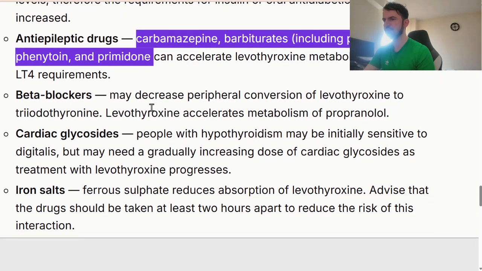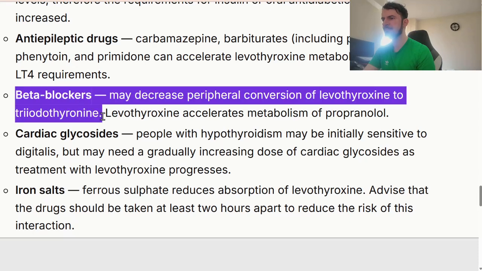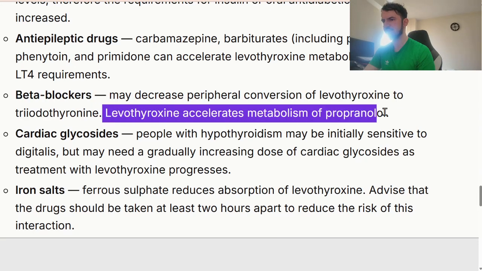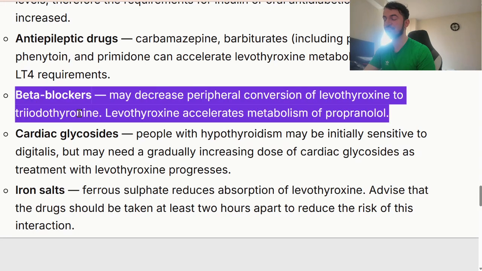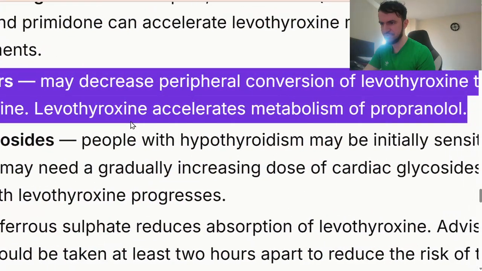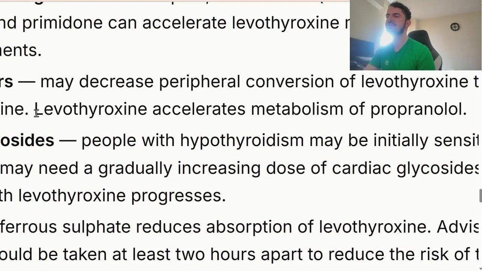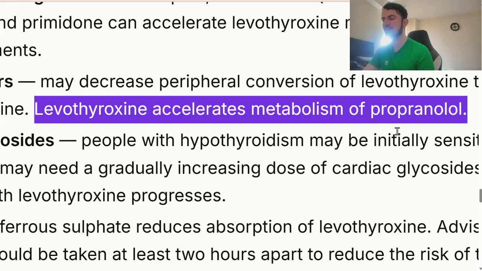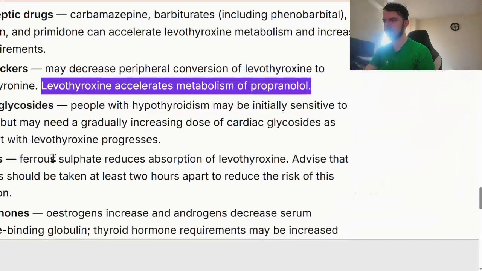Beta blockers may decrease peripheral conversion of levothyroxine to triiodothyronine. Levothyroxine accelerates metabolism of propranolol, and that is very important. Levothyroxine may technically clear propranolol faster. This is a very, very crucial point. Levothyroxine accelerates the metabolism of propranolol, so keep that in mind.